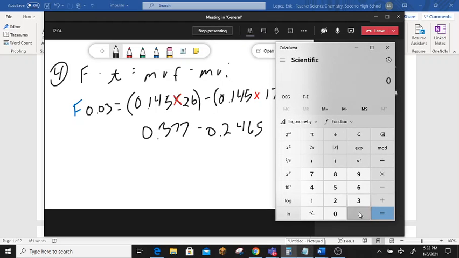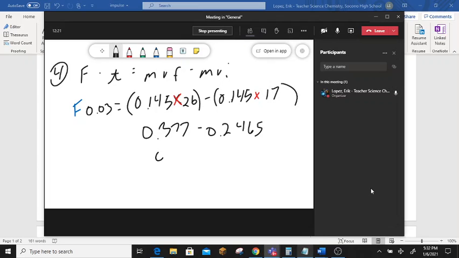Now I'm going to subtract those two numbers, 0.377 minus 0.2465, and that gives me 0.1305.